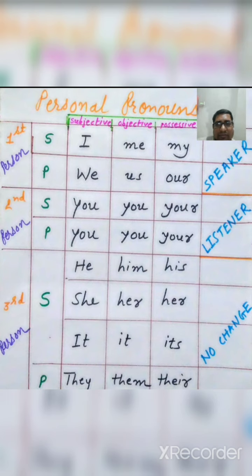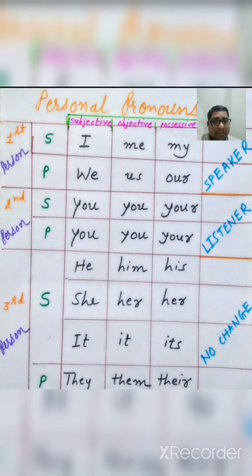Now the third person, that is very important. Now many of you don't know this. Third person singular, there are three pronouns: he, she, and it.